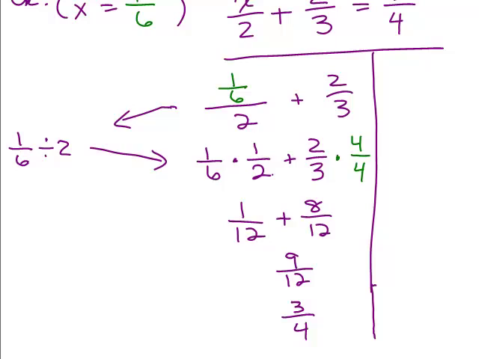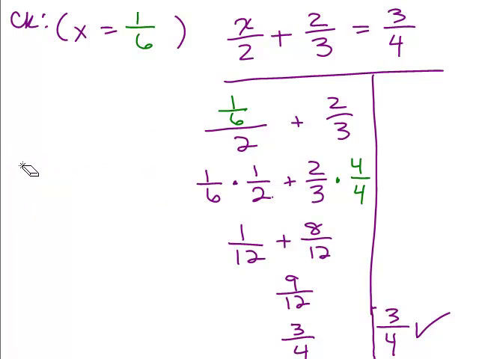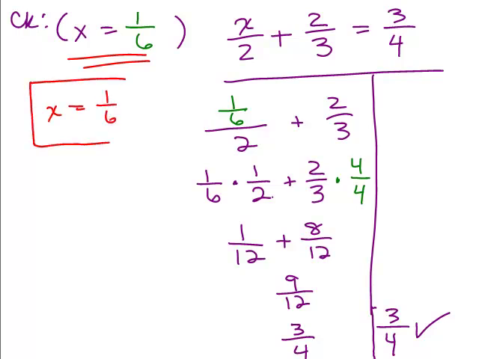And on the right-hand side, I've got 3/4. So it checks. Since I got the same number on both sides, I know that this is the correct answer. So x equals 1/6 is the correct answer.